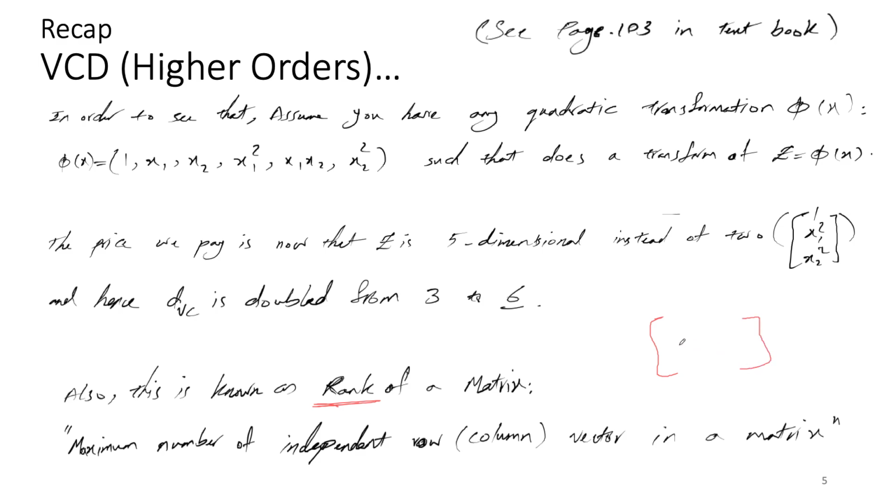So you have a matrix. These are the rows. These are the columns. The maximum number of independent rows or independent columns will represent the rank of a matrix.